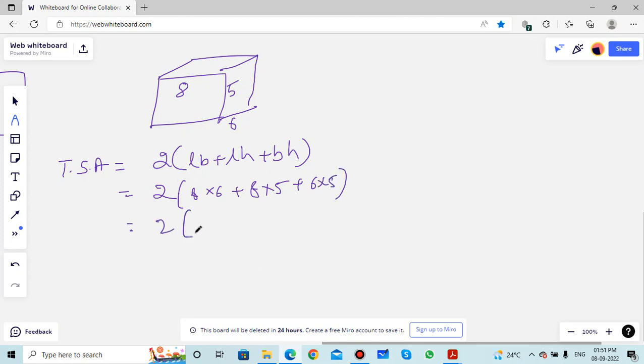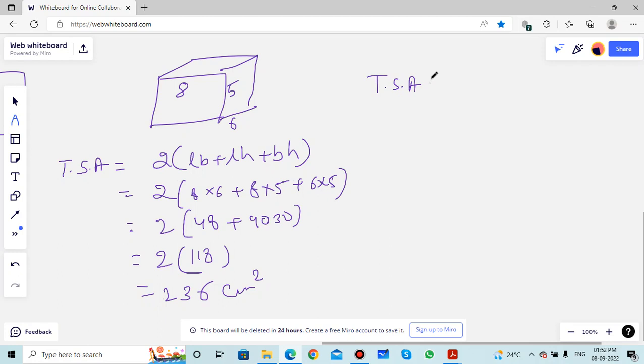So that is 2 times (48 + 40 + 30), which is 2 times 118. So that becomes 236 centimeter square.